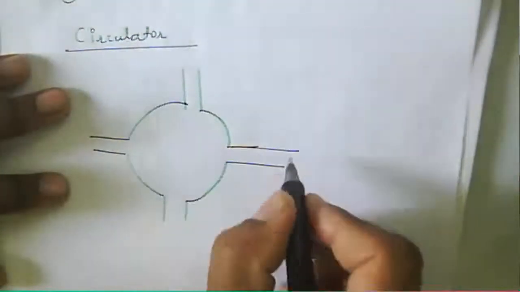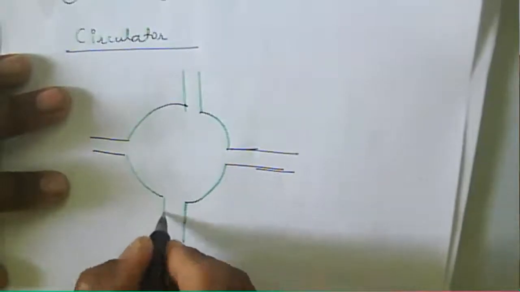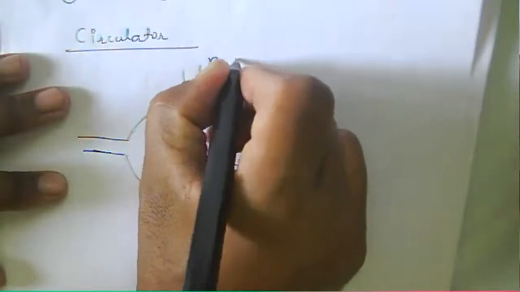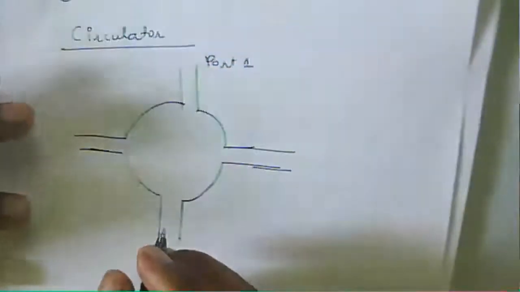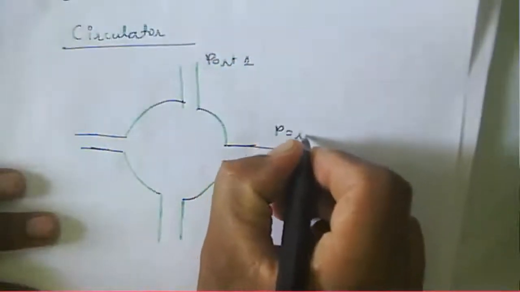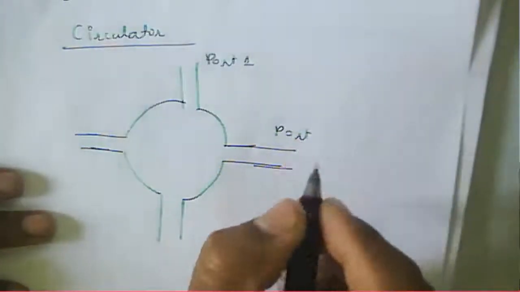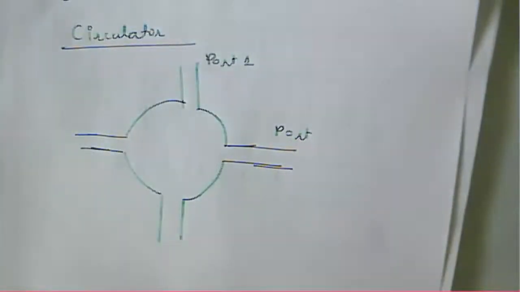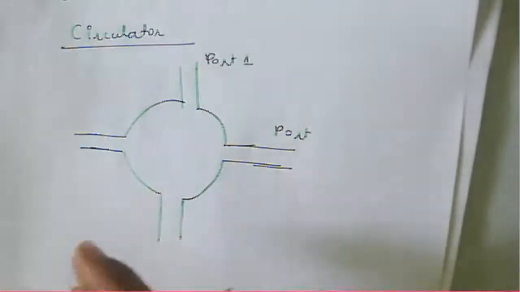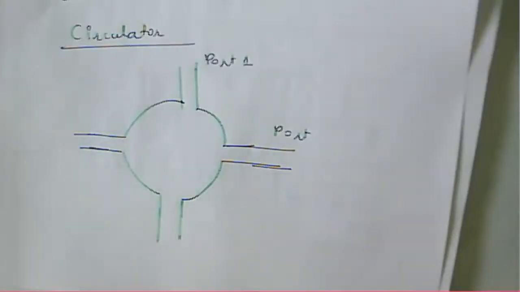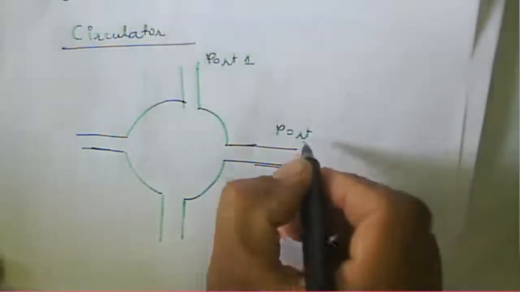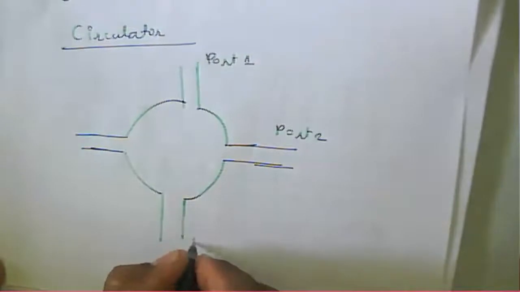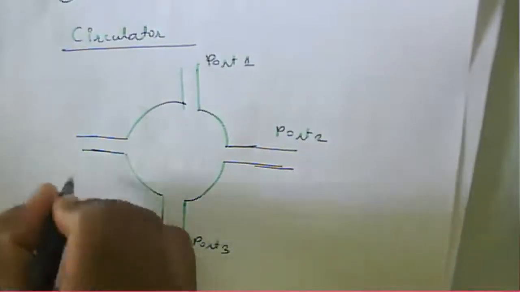Now this is a four-port circulator. We consider port 1, then port 2, and likewise, either in the clockwise direction or anti-clockwise, as long as it is satisfied. So we consider port 1, port 2, port 3, and port 4.